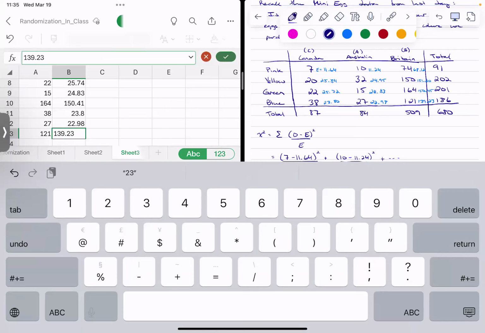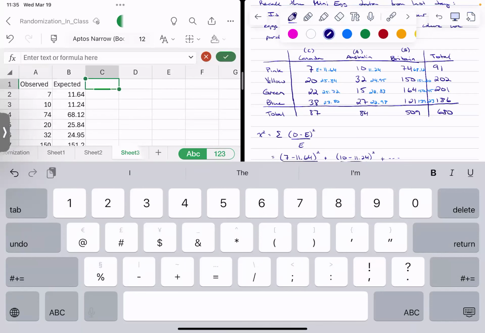I know I hate having to go back and forth. It is annoying. Okay, now for each of these, let's see if I can pull this off.